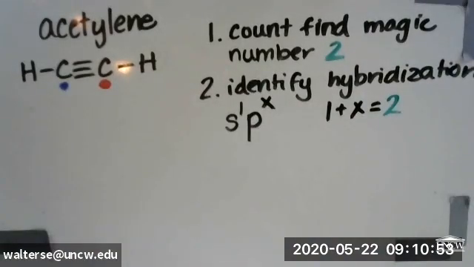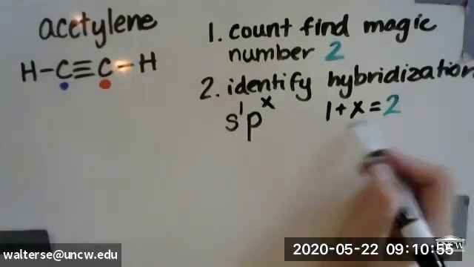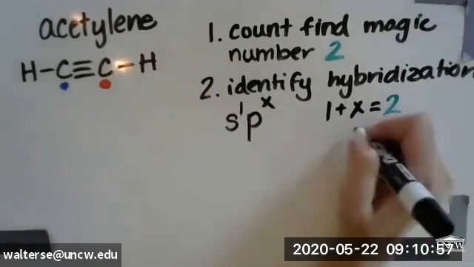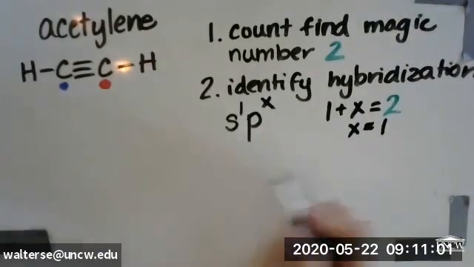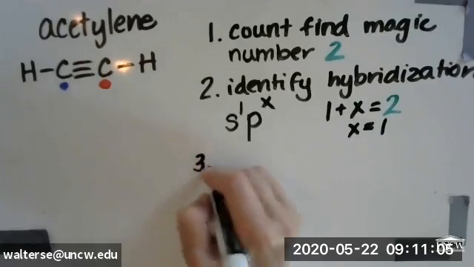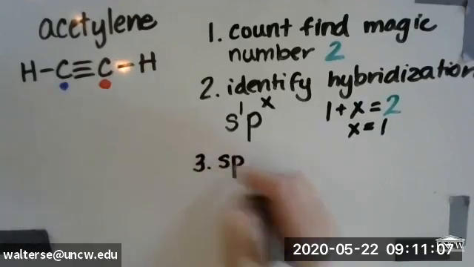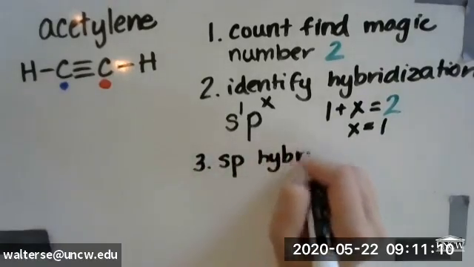So this is a pretty simple subtraction, and x would be equal to 1. And what that means is that each one of these carbon atoms ends up sp hybridized.